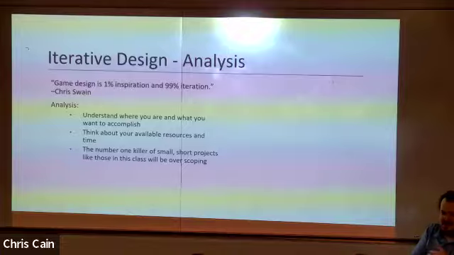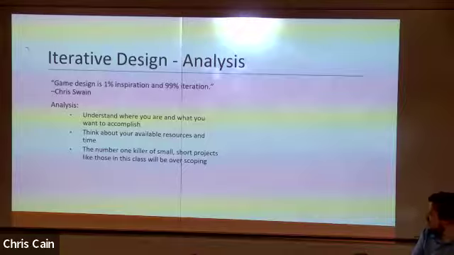Small, short projects like this that we're going to be working on, the number one way that this is not going to work is if you try to do something that is too much, that cannot actually be completed within 4 weeks. What is actually possible to be done in 4 weeks will be less than you think can be done in 4 weeks. So you want some type of project or plan that is scalable.